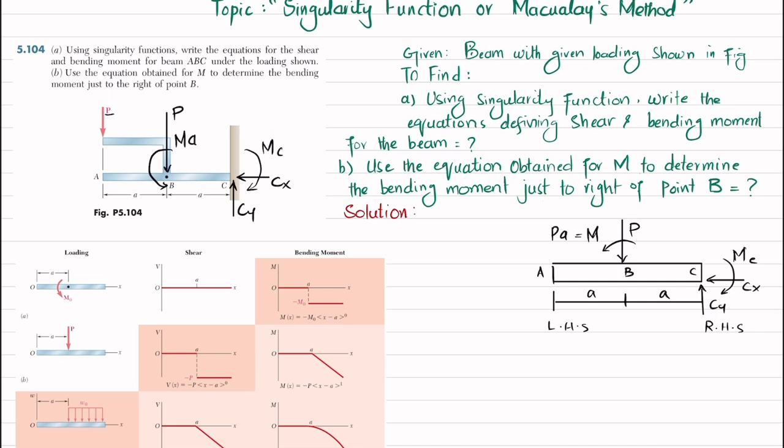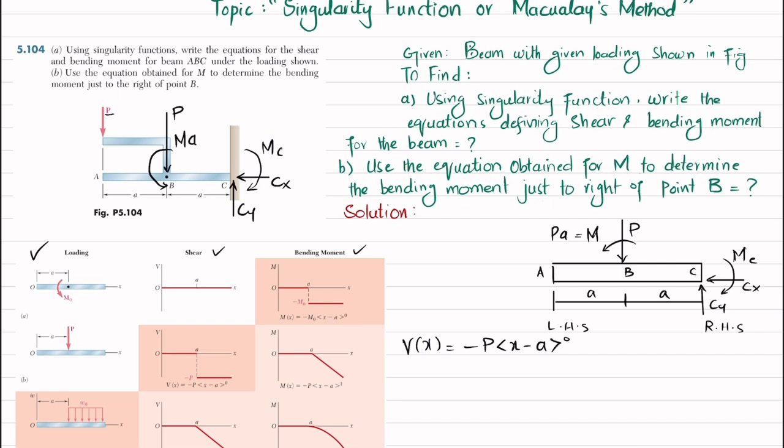Now you can see these are the figures for loading, shear force, and bending moment. Starting from the left side, from A to B, there is no load, and at point B you have a load P that is acting downward. So you will use this figure, that is minus P acting at a distance of A. So I will write V of x is equal to minus P into x minus A power 0.